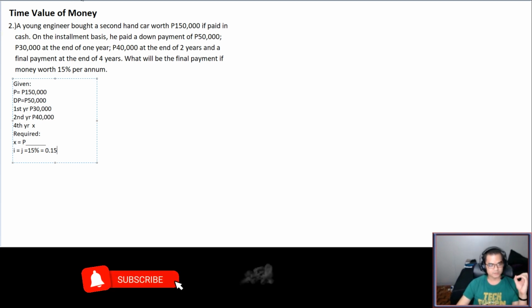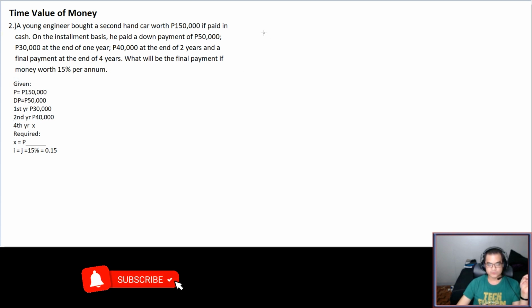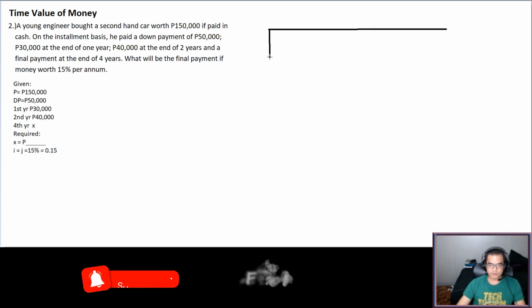Alright, so let's construct the cash flow diagram. You'll have 4 years, so let's have year zero, year one, year two, year three, and year four.